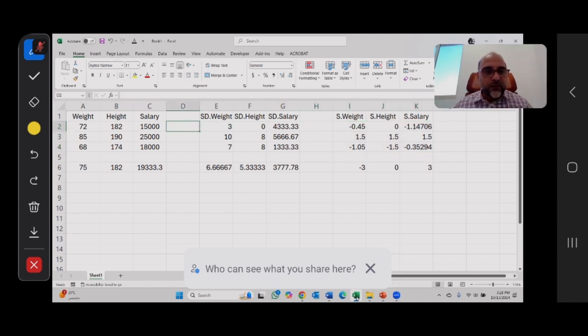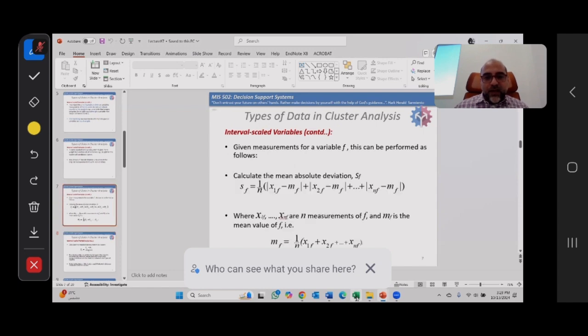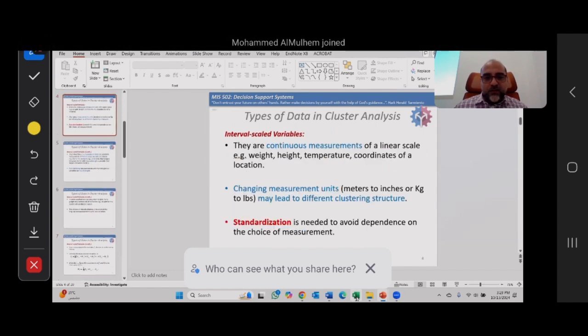Why? Because this was in 10,000s, this was in 100s, this was in tens, and now this is all in single digits or fractions, very close values to each other. So they will not affect each other. This method that I just showed you is called standardization.